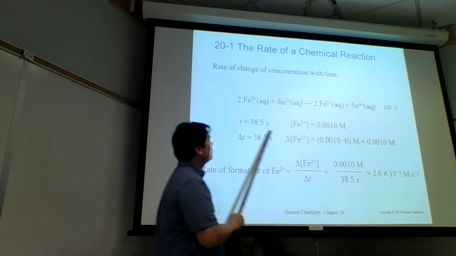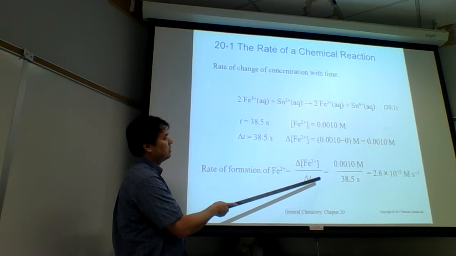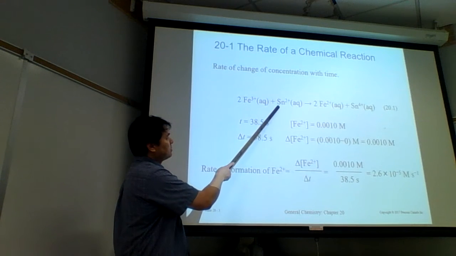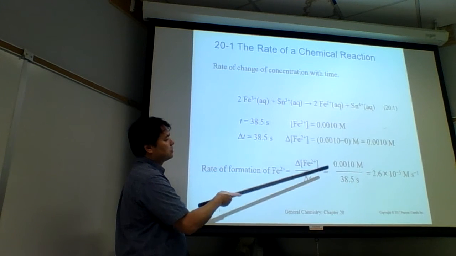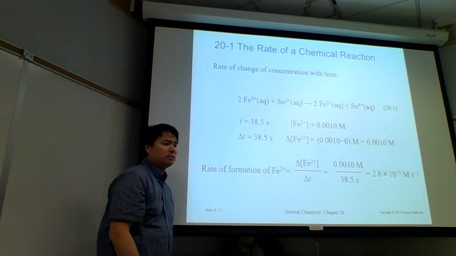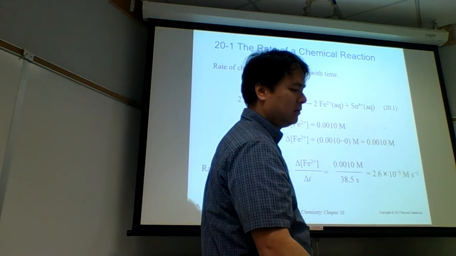That means the rate of consumption of iron 3 must be 2.6 times 10⁻⁵. And we consume tin 2 at half the rate, so that's 1.3 times 10⁻⁵. So we have to look at the stoichiometry, and then we can see what the rate is.